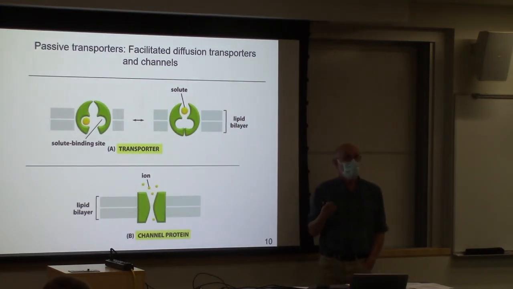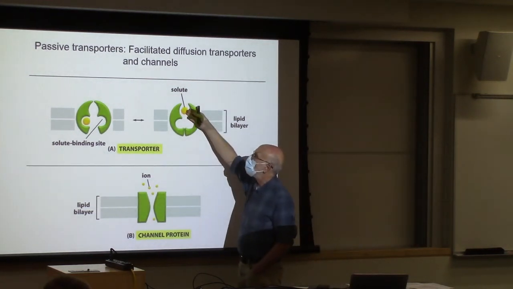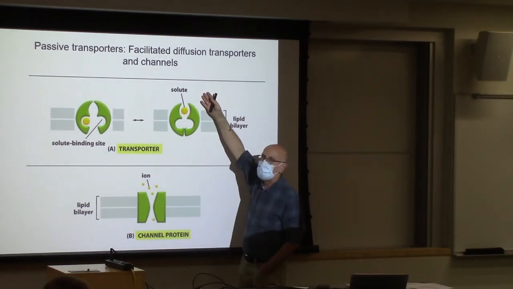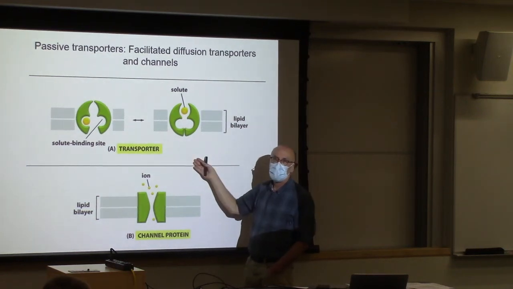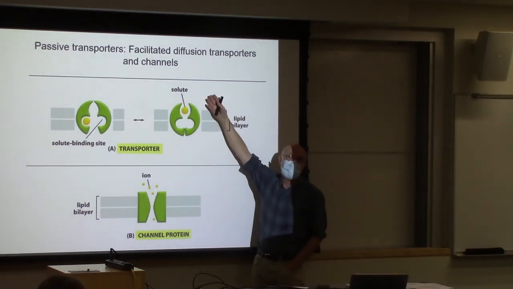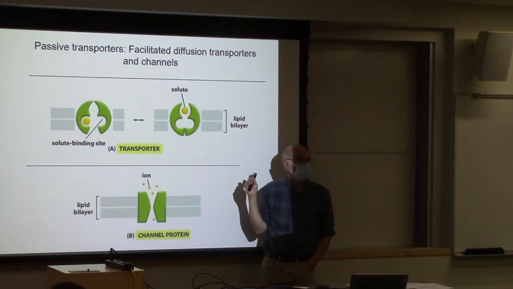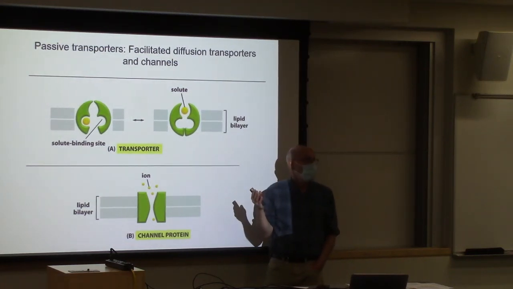It's passive. What do I mean by passive? It means the solute is moving from a high concentration to a low concentration. This is not active, so this does not set up a gradient. It, in fact, breaks down a gradient. The solute is moving from high concentration to low concentration, passively.